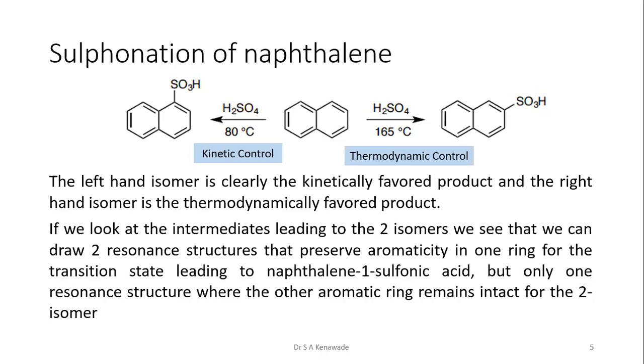And if we increase the temperature, or double the temperature we used at the lower one, then we get the beta derivative of naphthalene, meaning sulfonation at the beta position. If we look at the intermediates leading to the isomers, we can draw the same structures, and again at the alpha position, 4 canonical structures preserve the aromaticity as compared with the beta isomer.